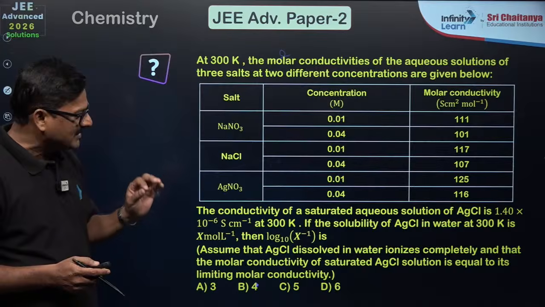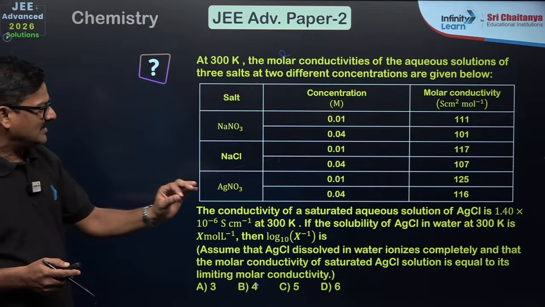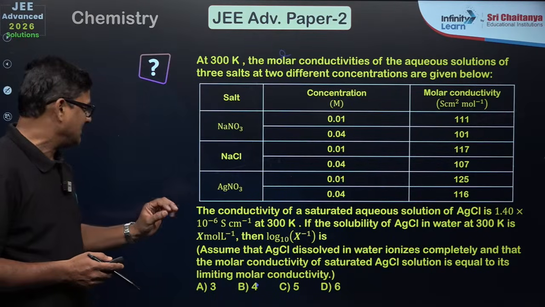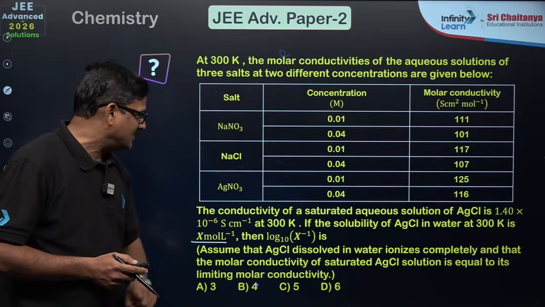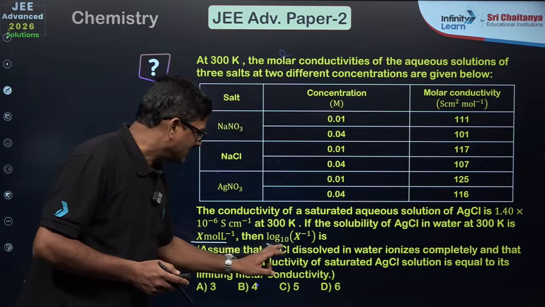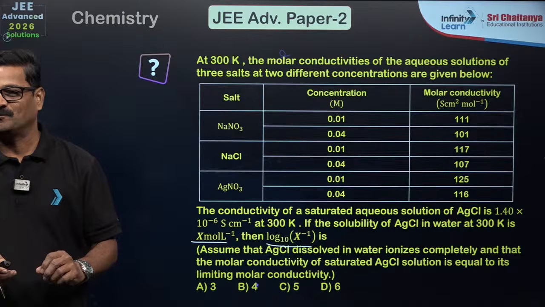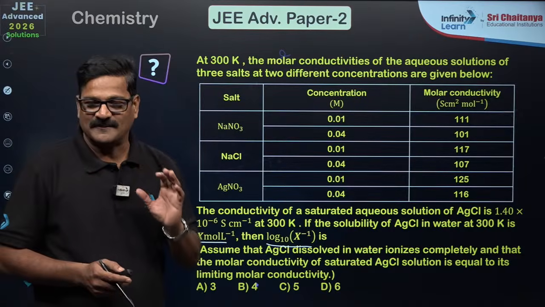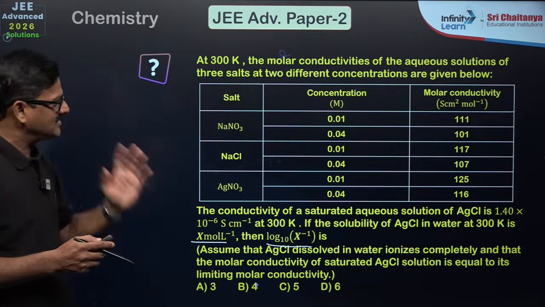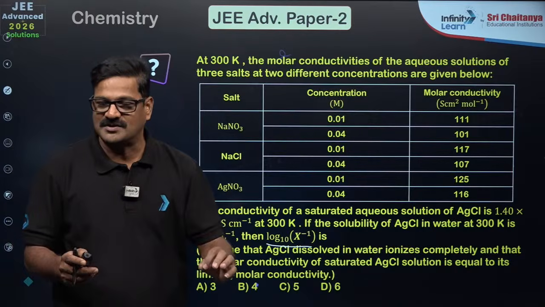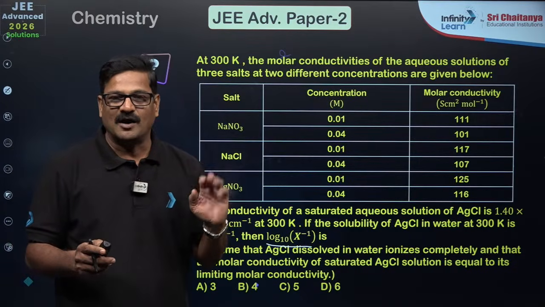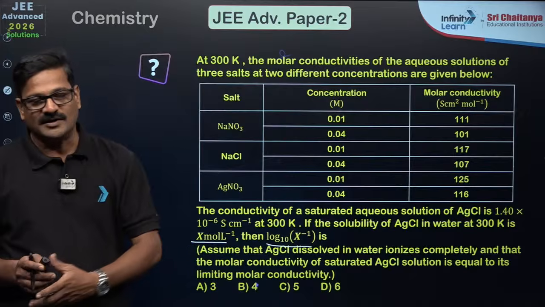If the solubility in water at 300 Kelvin is given as x mole per liter, then find log x to the power minus 1. So it's a simple logic. How do you calculate the solubility?